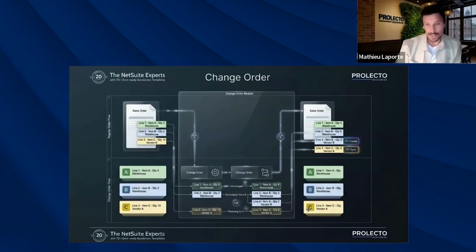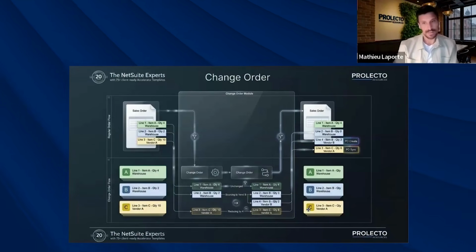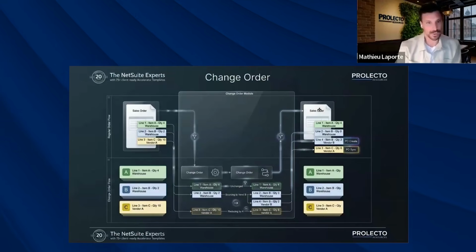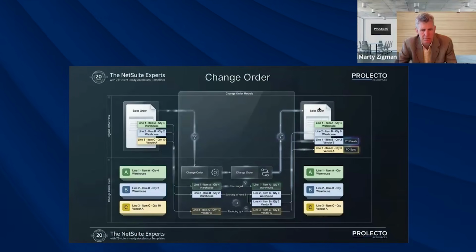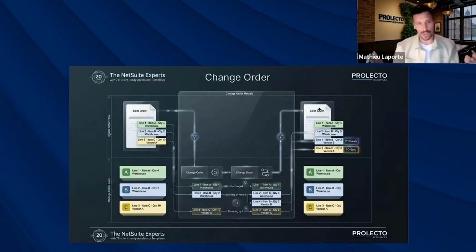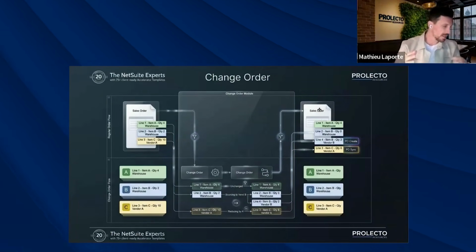Yes. And at one point in time, you get approval, and that's the one that is going to sync back up to the live order. And that sync, there are different options on how you want to sync it. Obviously, whenever you think of changes that are going negative, because again, one of the key concepts within the change order and the way we structured it is because it allows you to go net negative.